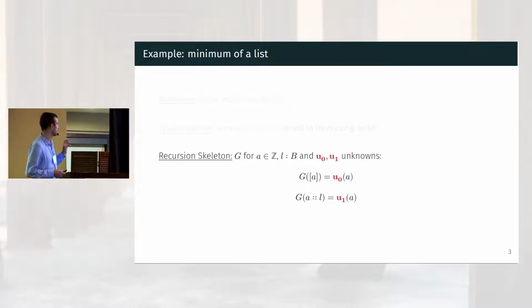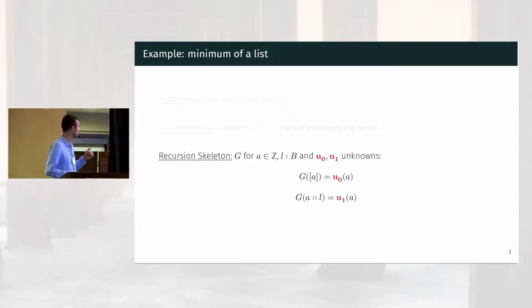And now I want to specify what kind of functions I want to synthesize. Here I'm specifying that I want constant time functions on lists, because I say that g of singleton A is only a function of just A, and g of A followed by the tail of the list L is just a function of the head of the list.